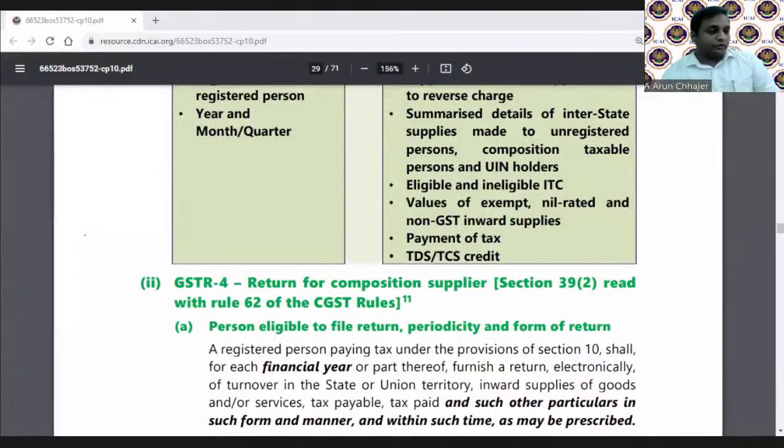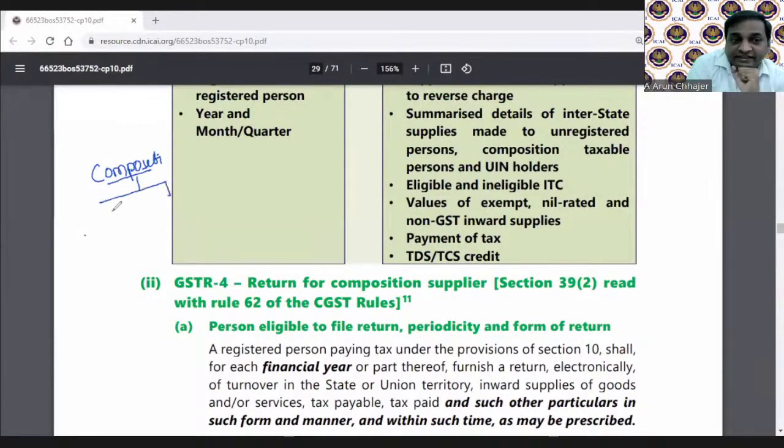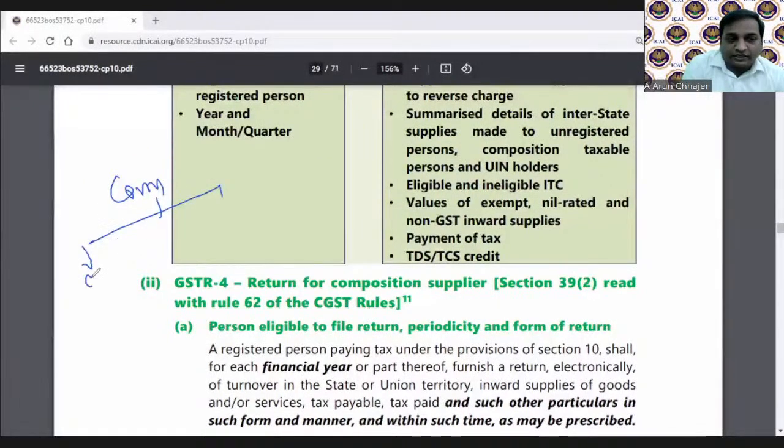So now we are talking about, in short, some concept about the composition dealer, GSTR 4. So if one has opted for composition scheme, then he has to file the return annually. See, there are 3 concepts. Composition dealer needs to pay the taxes quarterly.